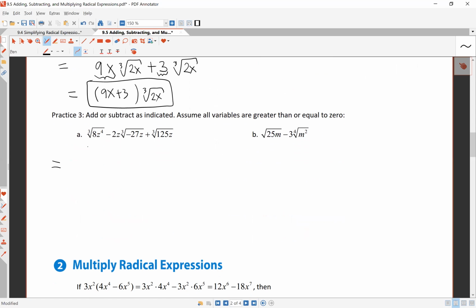The cube root of 8 is 2, and the cube root of z to the 4th, 4 divided by 3 is 1, and 1z will stay under. The cube root of negative 27 is negative 3, and that z will stay under.